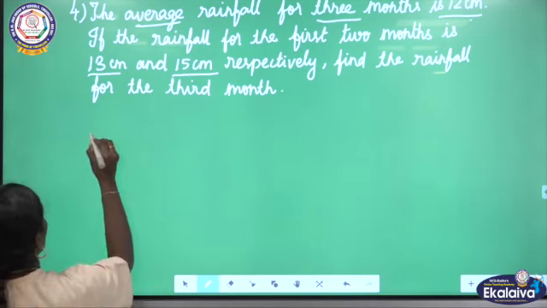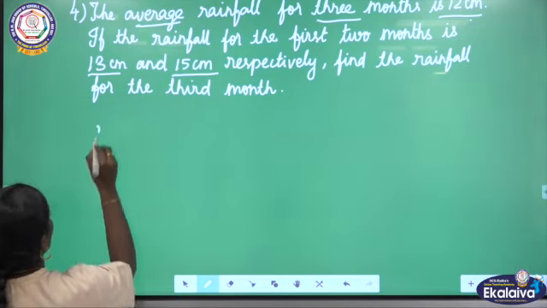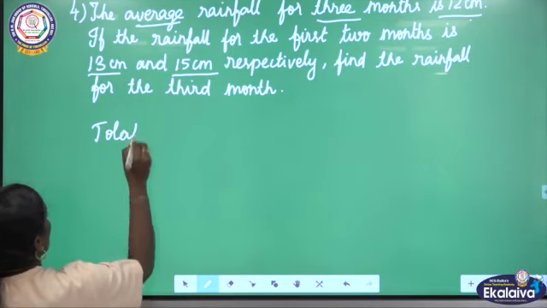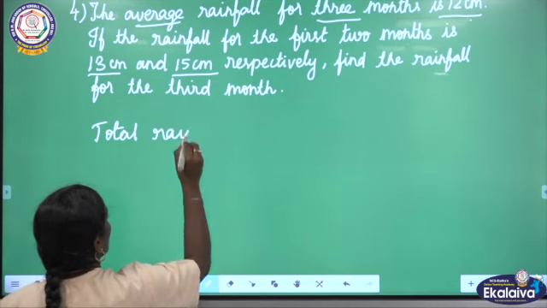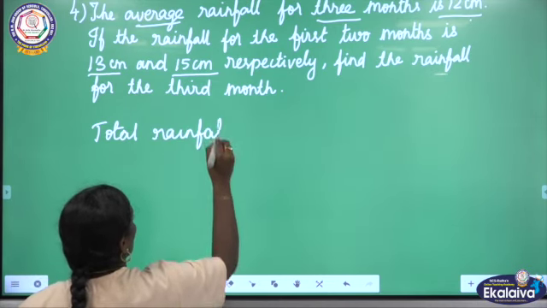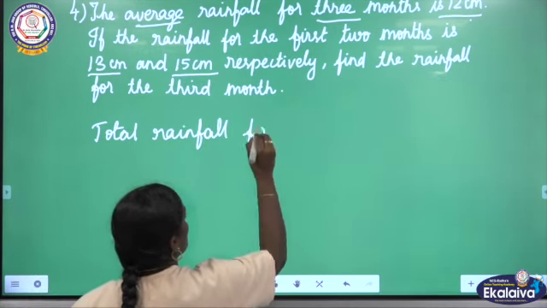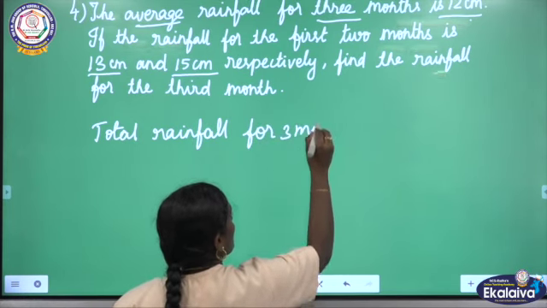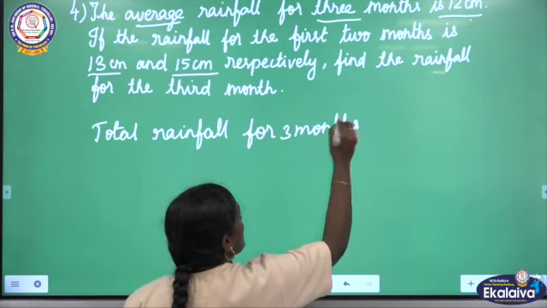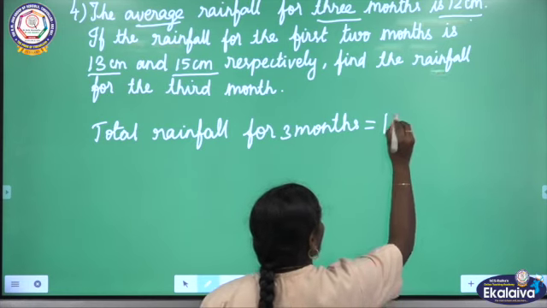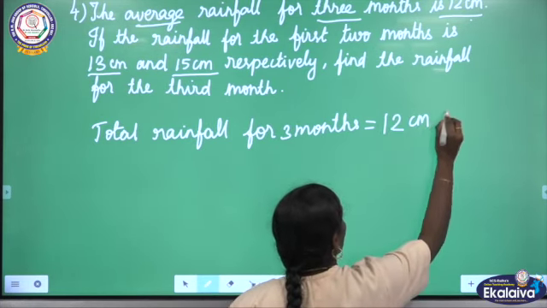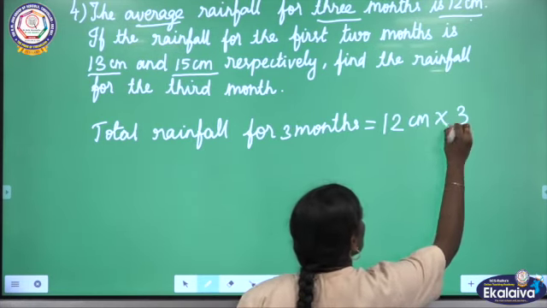Okay. So, total rainfall for 3 months is equal to average rainfall, that is 12 centimeter, into number of months 3.